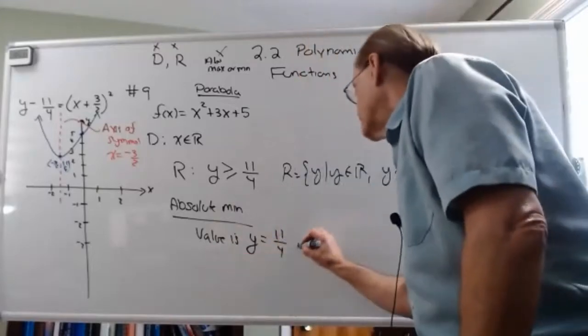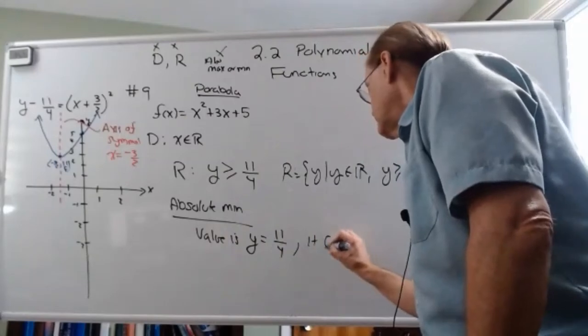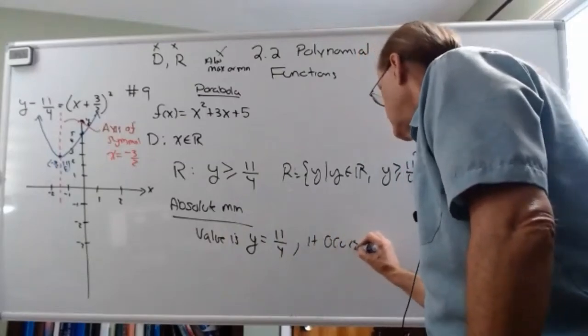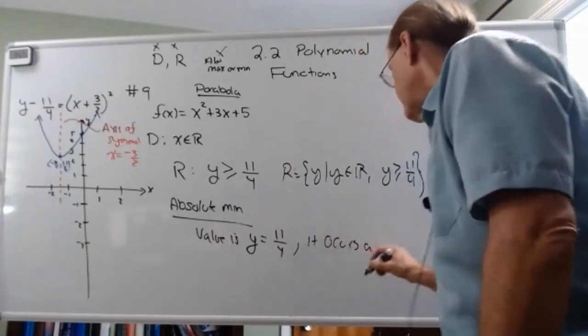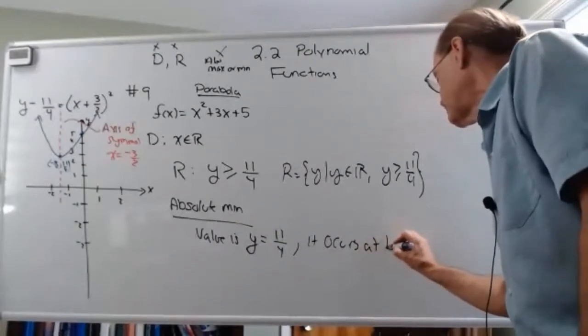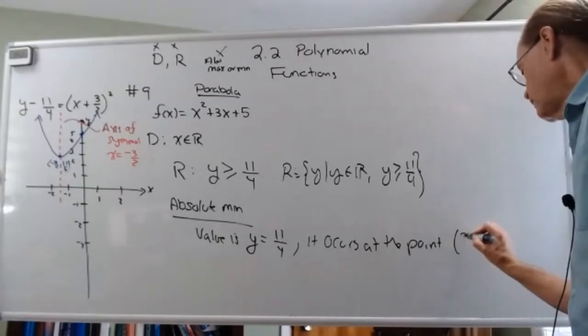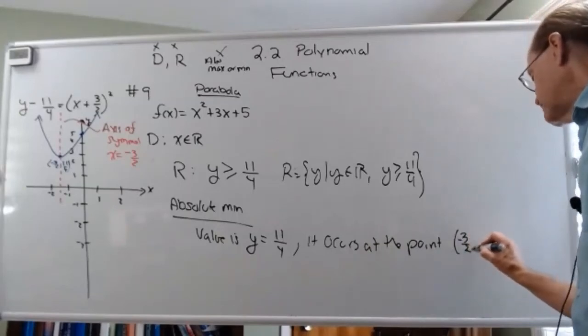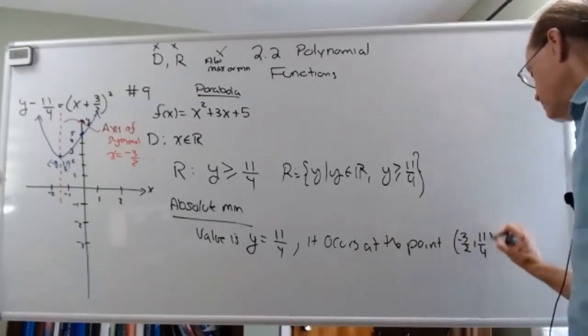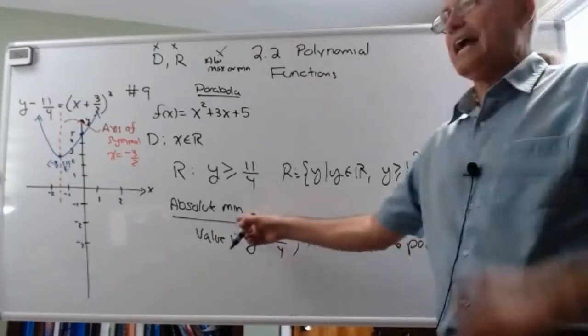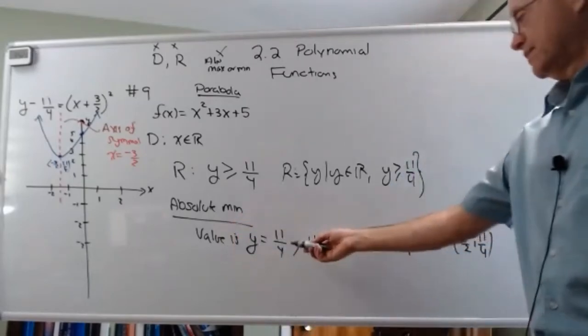Now it occurs at the point -3/2, 11/4. But when you're asked what is the absolute minimum, it's 11/4.